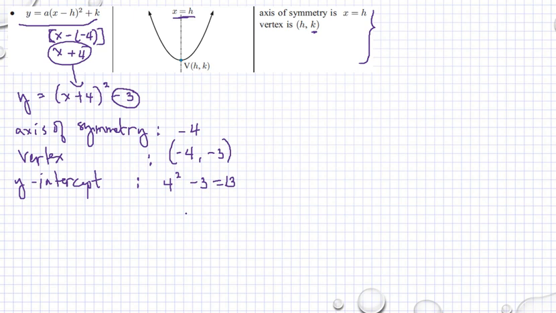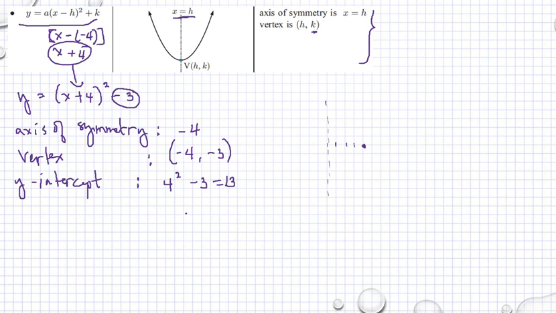Let's see. If this is my origin, 0 and 0, and the axis of symmetry is negative 4, 1, 2, 3, 4. This is my axis of symmetry. Let's see if we can do it. We can do a sketch. And our vertex is negative 4 and negative 3.